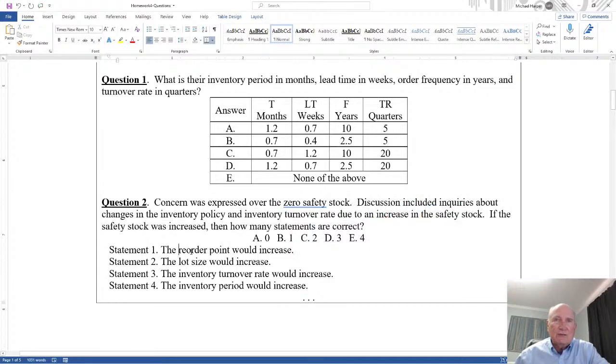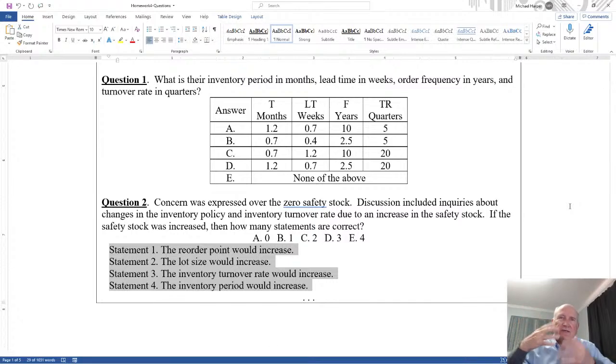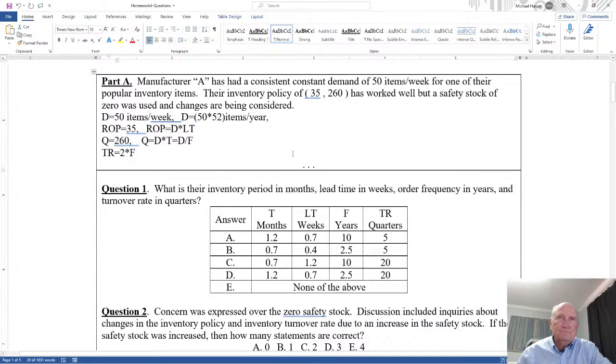Well, each one of these is the reorder point, lot size, turnover rate, inventory period, and so essentially you just say which one of those will be influenced by safety stock. If the safety stock changes, which one of those will be influenced? Is it increased, decreased, or unchanged? Okay, again, that's just looking at the relationships within the equations up here.